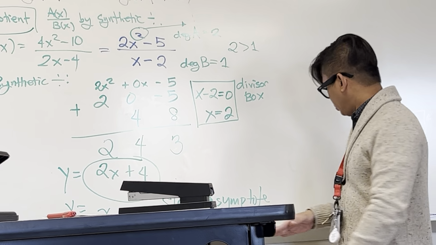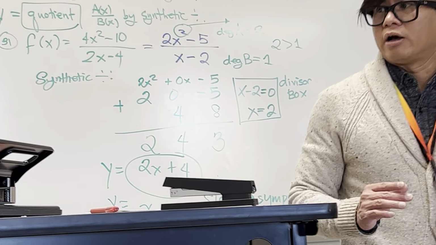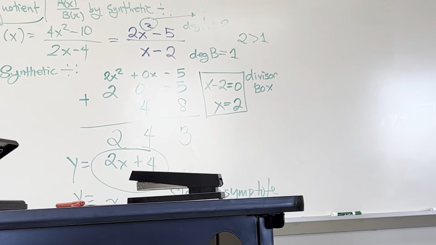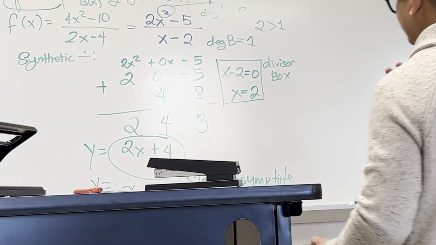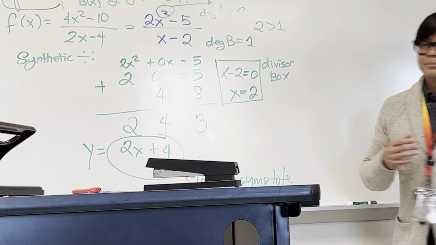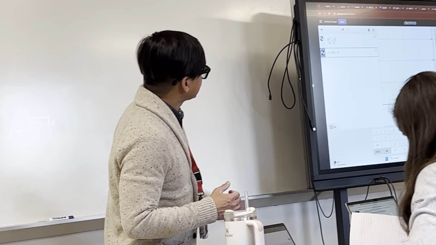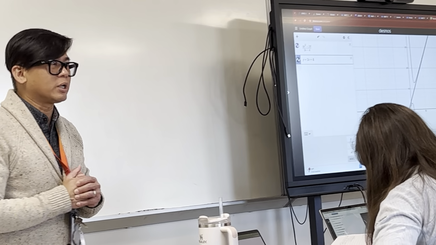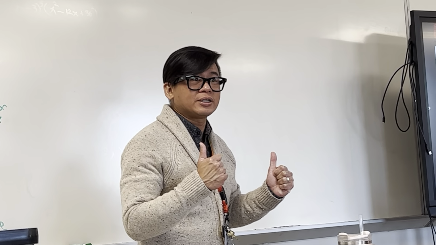So we are going to erase this one and just focus on the 2x plus 4. The graph here has a slant asymptote at 2x plus 4. Questions?